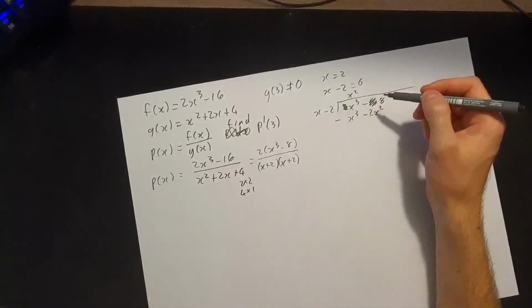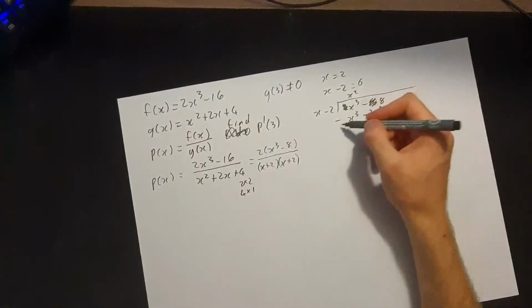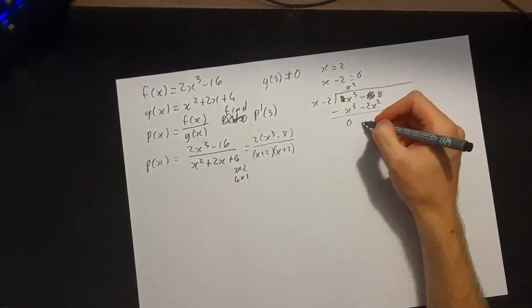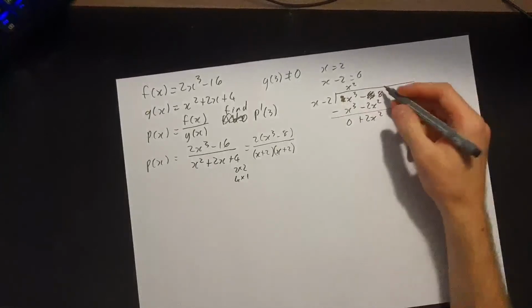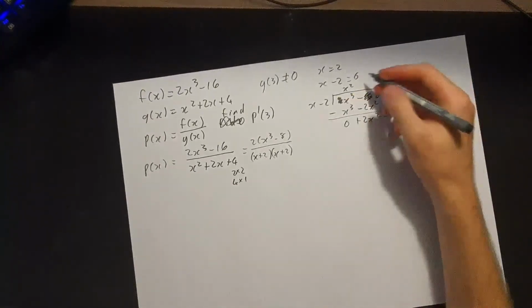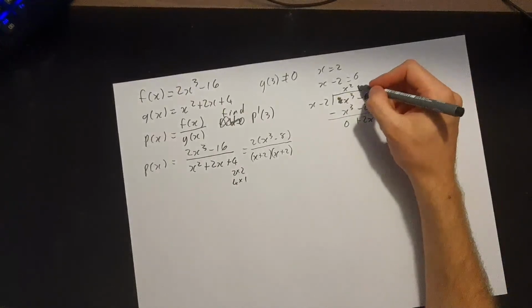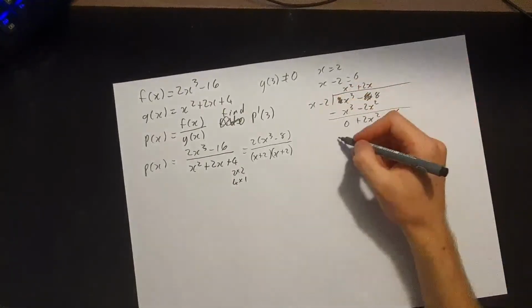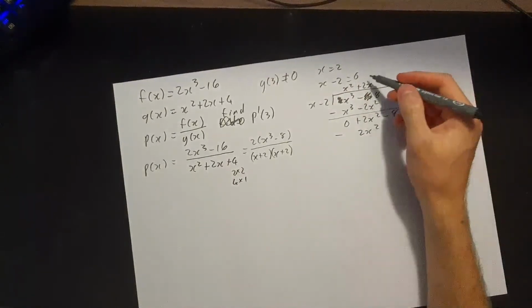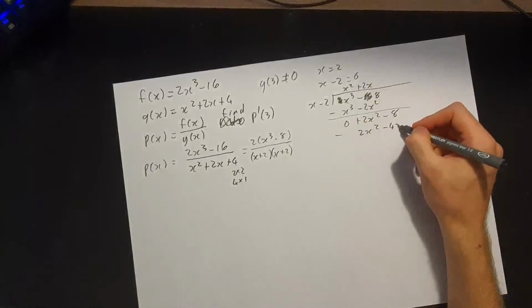So when we sort this out, we're going to have 0, then plus 2x squared, and bring down the minus 8. X goes into 2x squared: that's going to be plus 2x. Multiply that out: that's 2x squared, and then minus 4x.